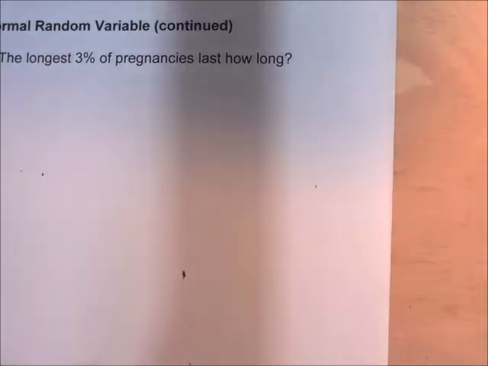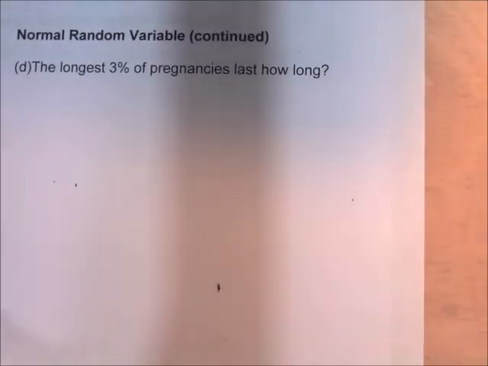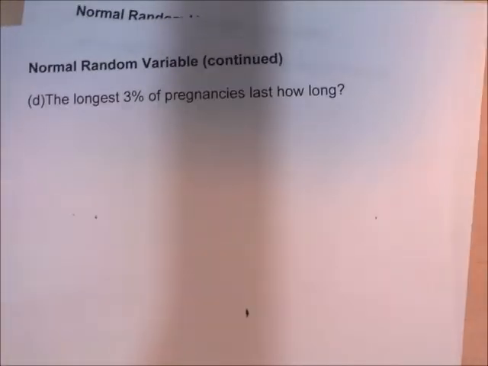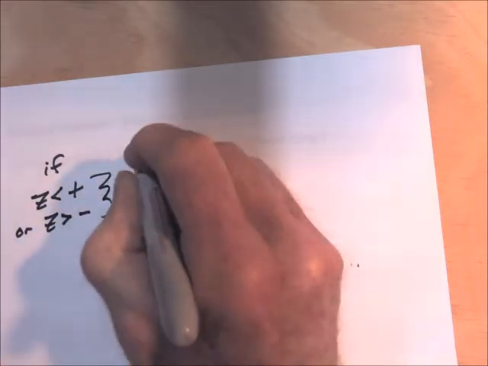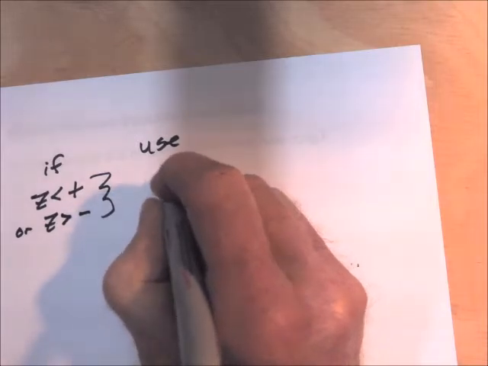I don't think I made a list of rules here, so for those of you that want a list of rules: if you have, let's say, Z is less than a positive, or Z is greater than a negative, use 0.5 plus the table.